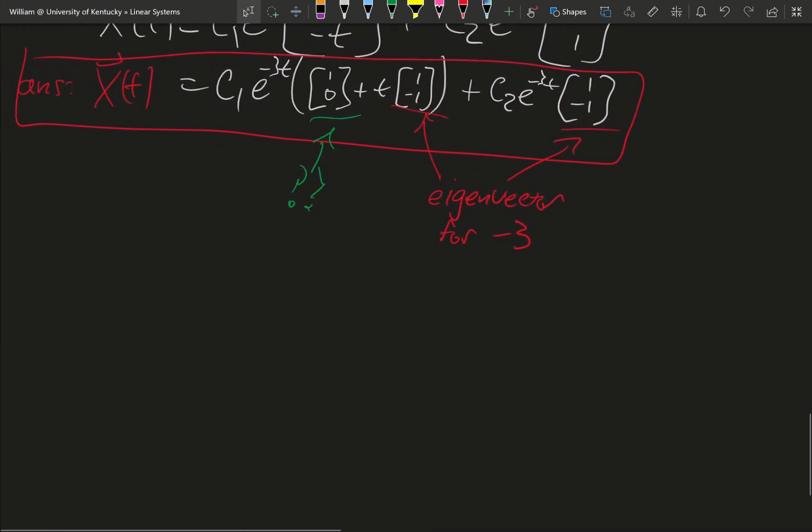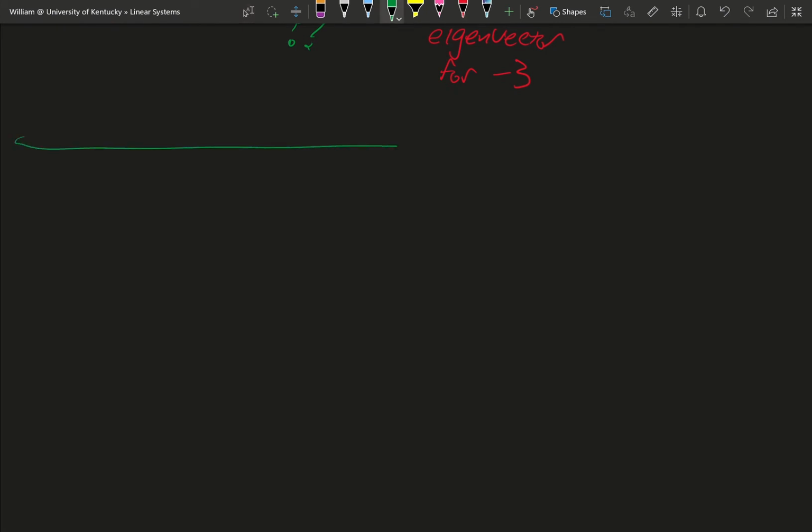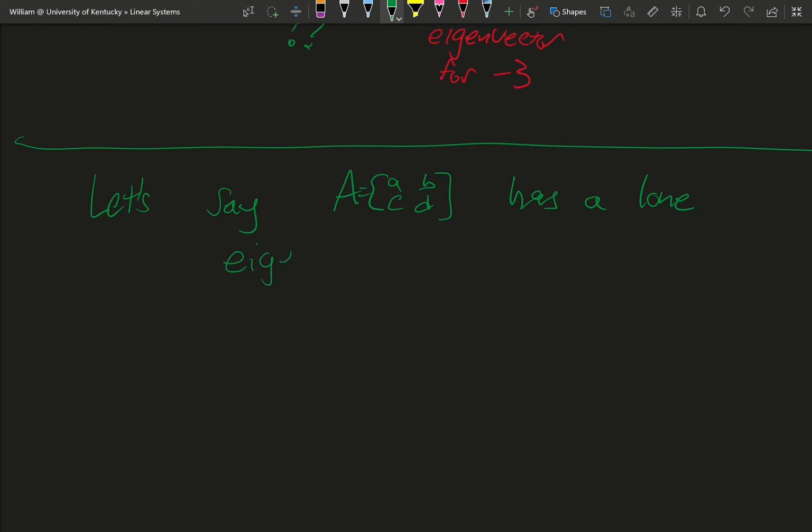So let's say we have a matrix A of constant coefficients, and there's only one eigenvector up to rescaling.